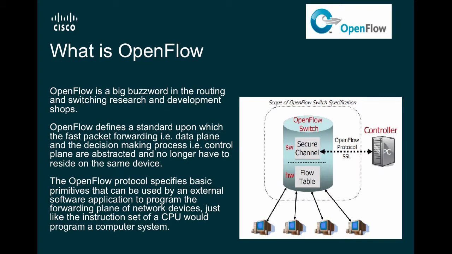On an OpenFlow switch, however, these two are separate. The data plane portion will still reside on your device, while the high-level routing decision is moved to a separate controller, which is typically on any standard server. The OpenFlow switch and the controller communicate via a secure OpenFlow protocol.